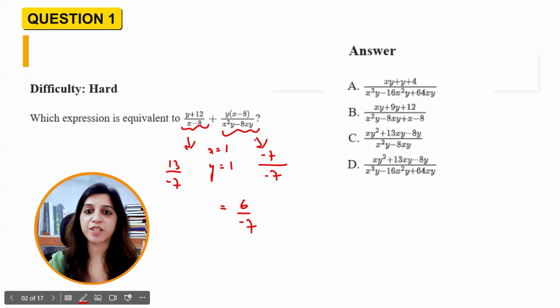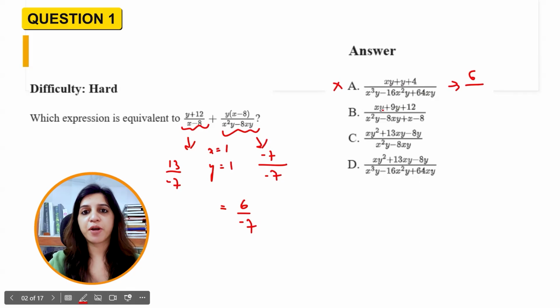This is the value for the expression in the question. Let's see if any of the options give the same value, starting from the first option. With x and y both as 1, the numerator becomes 1 plus 1 plus 4, so 6. What about the denominator? 1 minus 16 plus 64. Not at all minus 7, so I can eliminate this.